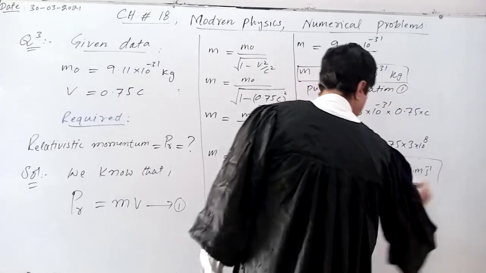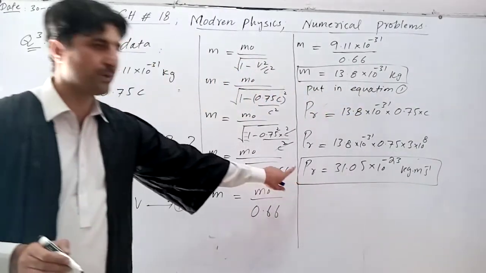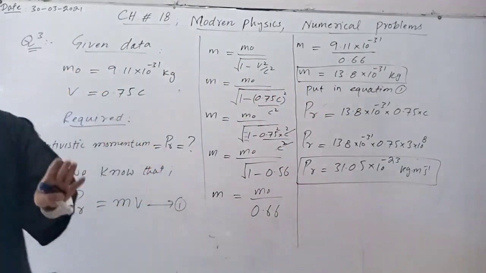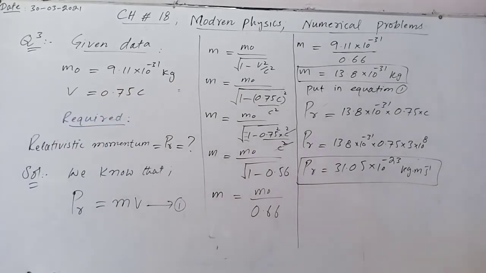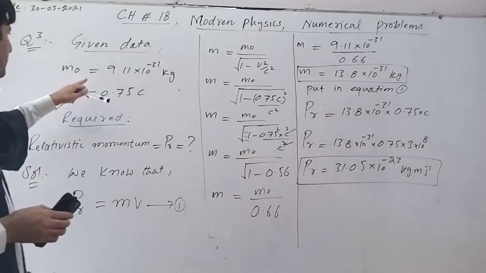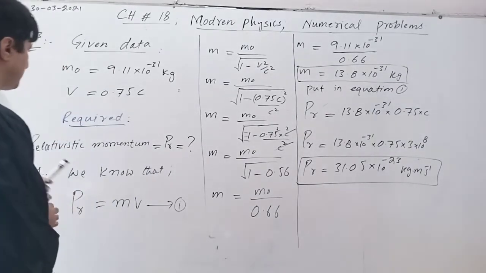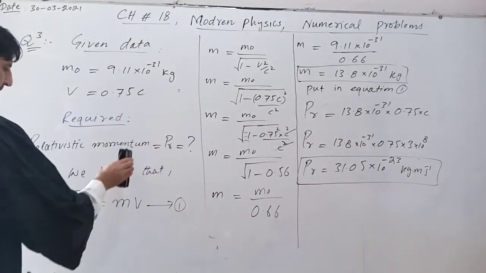We calculated the relativistic momentum of an electron when it is moving with a speed comparable to the speed of light, which is 0.75 c. Now, how can we calculate the classical momentum? The classical momentum is calculated from the rest mass.